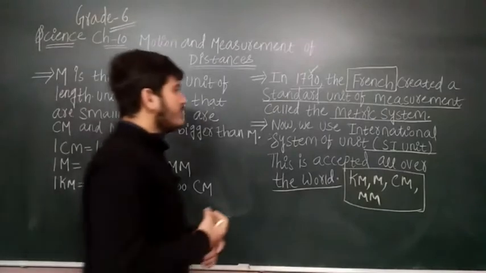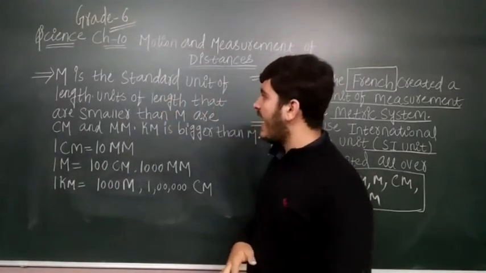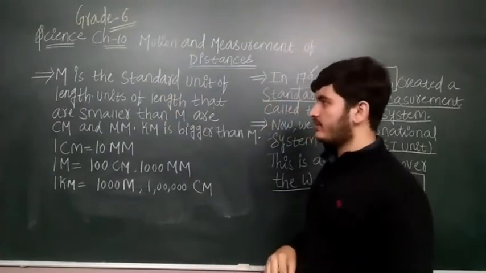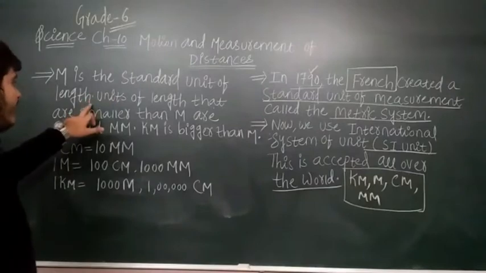Okay, now see the relation in the metric system. m is the standard unit of length. M means meter. Meter is the standard unit of length.